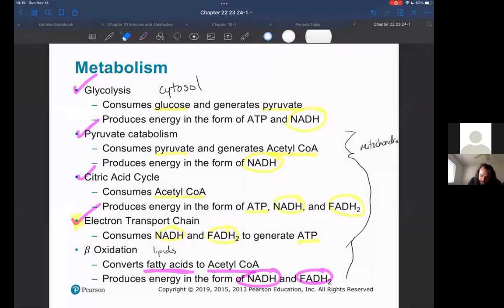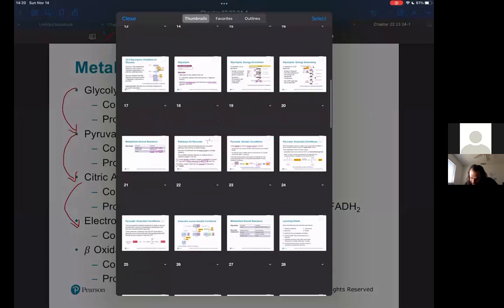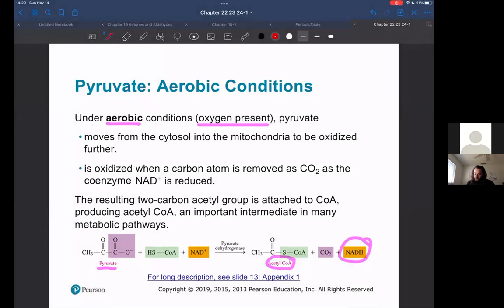The whole idea was, with the exception of this last reaction that's specific to lipids, glycolysis occurs, the products of that go into pyruvate catabolism, the products of that into the citric acid cycle, and the products of that into the electron transport chain. So all these things are linked. That acetyl-CoA is going to become important next lecture. But then you also have this payoff of the NADH that's created as well, and we'll see that get converted to ATP later.